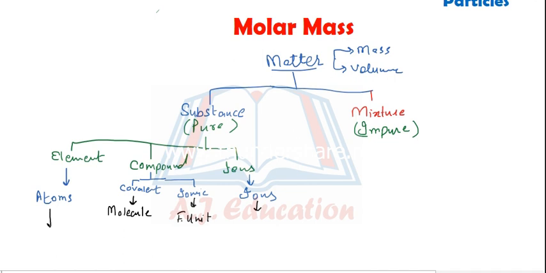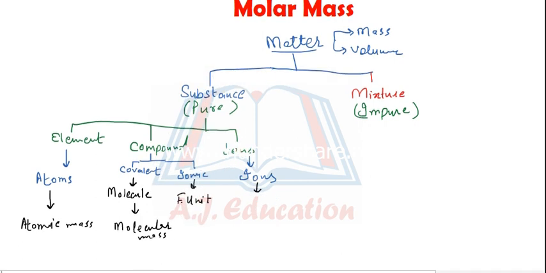The mass of an atom is called atomic mass. The mass of a covalent compound, that is the mass of a molecule, is called molecular mass. The mass of an ionic compound, that is made up of formula units, is called formula mass.